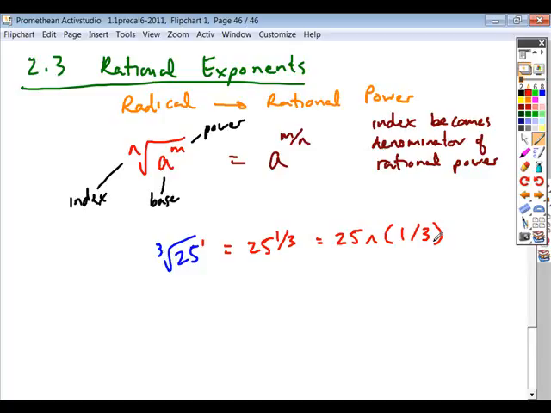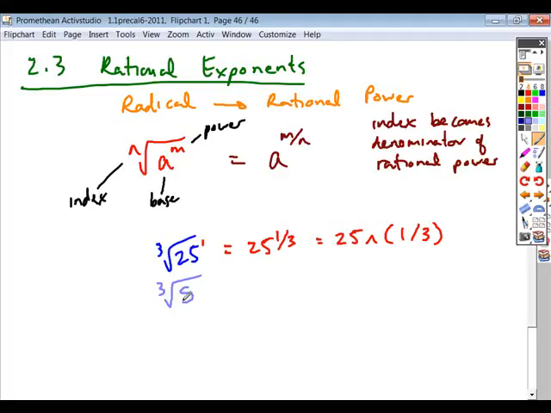Okay. The other thing, though, that you need to be able to do at this time and for the rest of this chapter and the year pretty much, is anytime you see a number that can be expressed as an exponent, you need to be able to think of it in terms of that exponential form too. So 25 isn't just 25. It's a perfect square, right? 25 is also 5 squared.